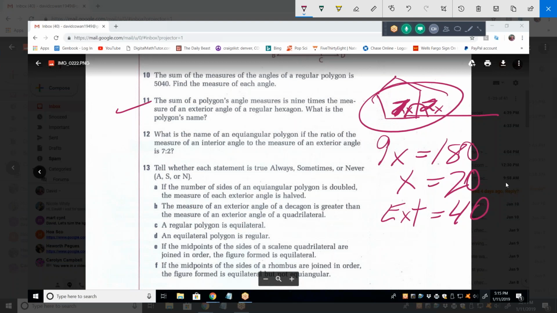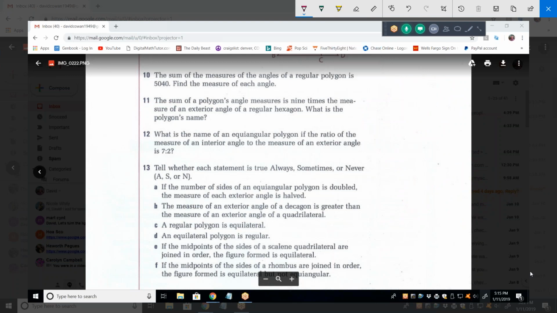Those would be 40 degrees. Those would be 140 degrees. That's a 7-to-2 ratio. So you can kind of see that figuring out all of these problems is pretty much these couple of equations. In other words, n minus 2 times 180, that's a key one. And 360 divided by n gives you the measure of each exterior angle.